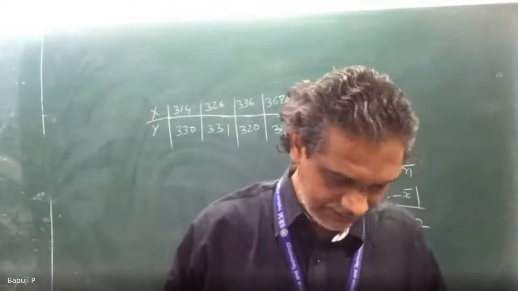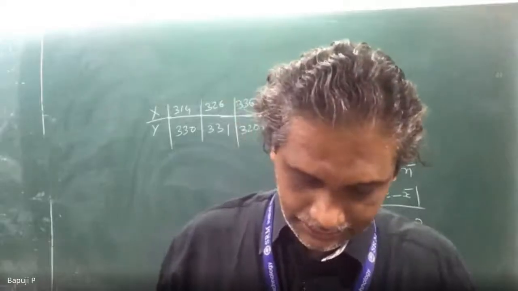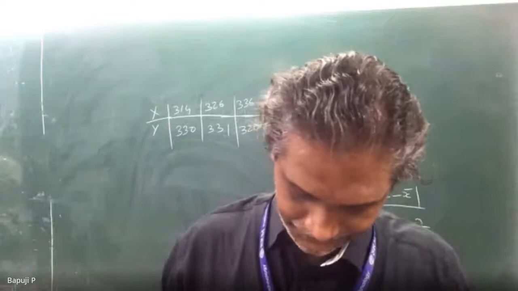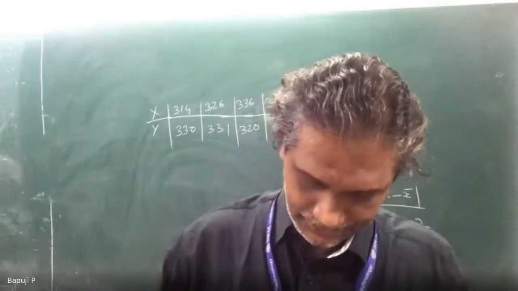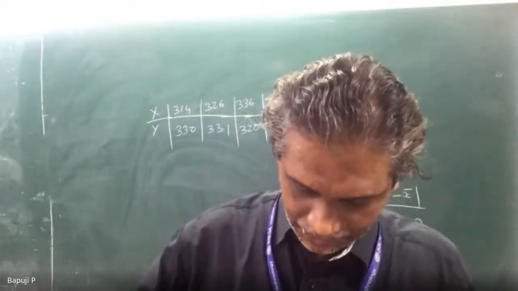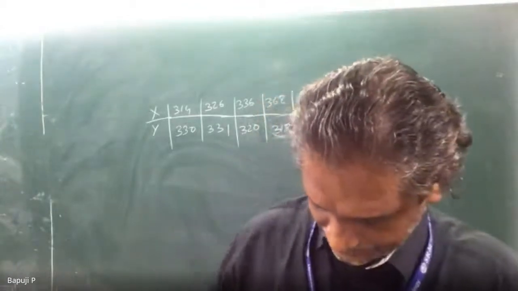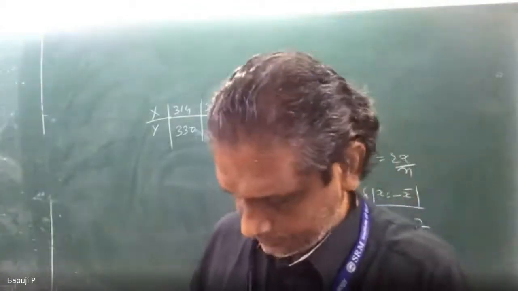Very first we have done the introduction. Yes, sir. So that is only the absolute value, and this is the square terms. I gave 1 by n sigma f_i into (x minus x bar) whole square, sigma square.